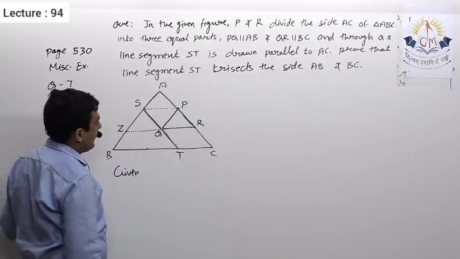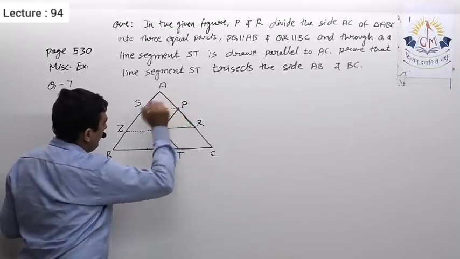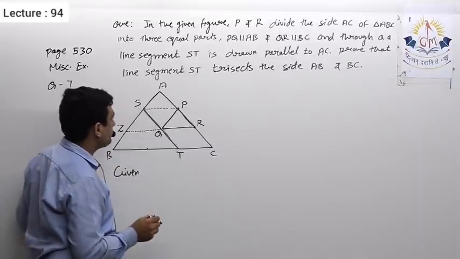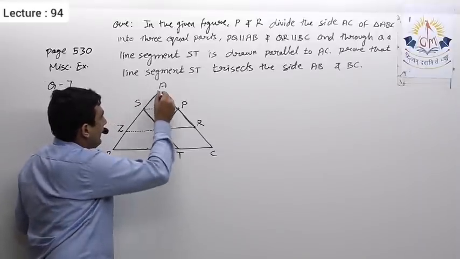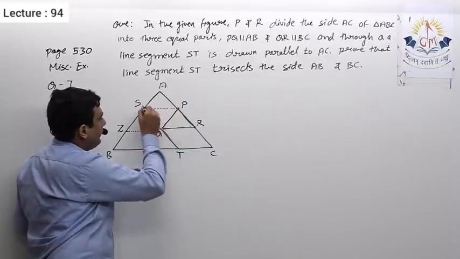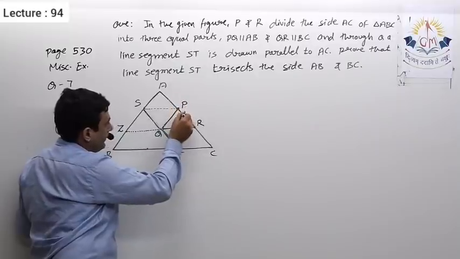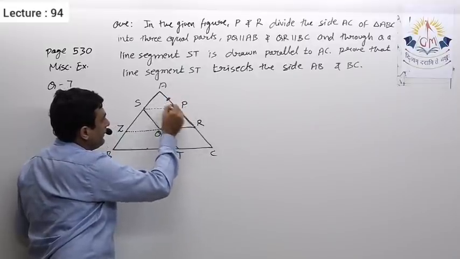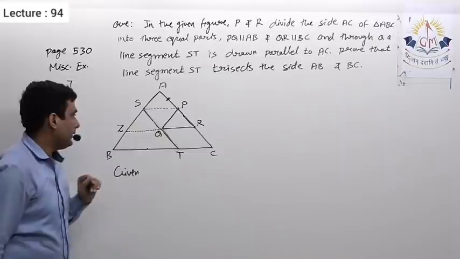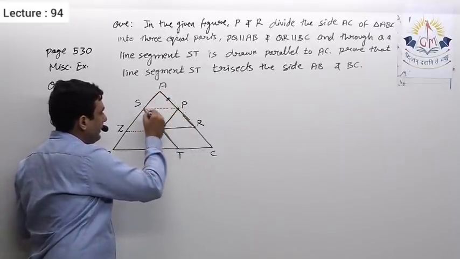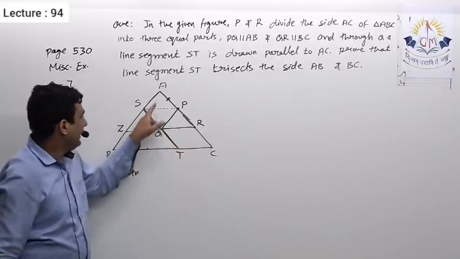Now PR equal to AP, that is given, isn't it? AP equal to PR is given.